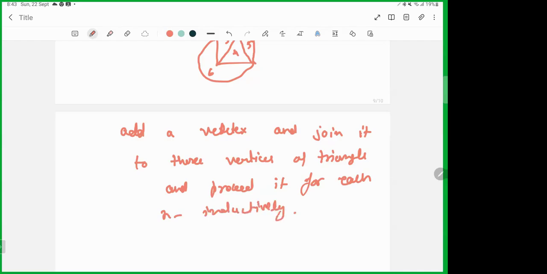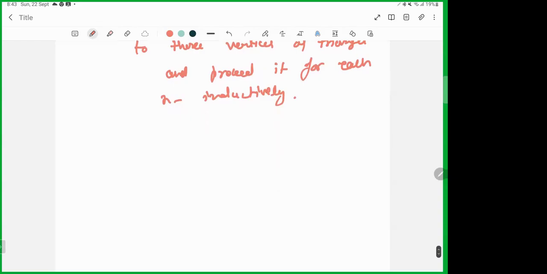So what about bipartite graph? Can you find something? The question is this. What is the bound for bipartite graph? 2n minus 4.